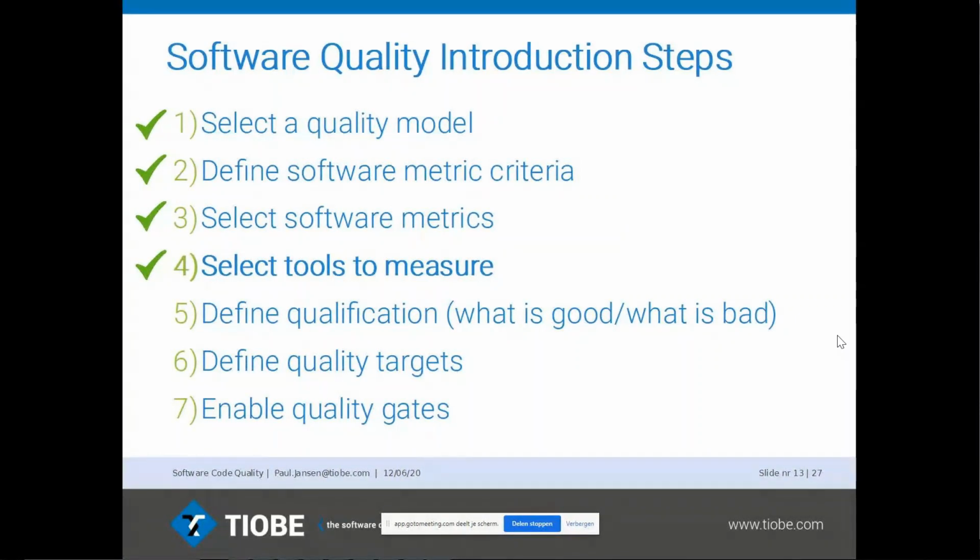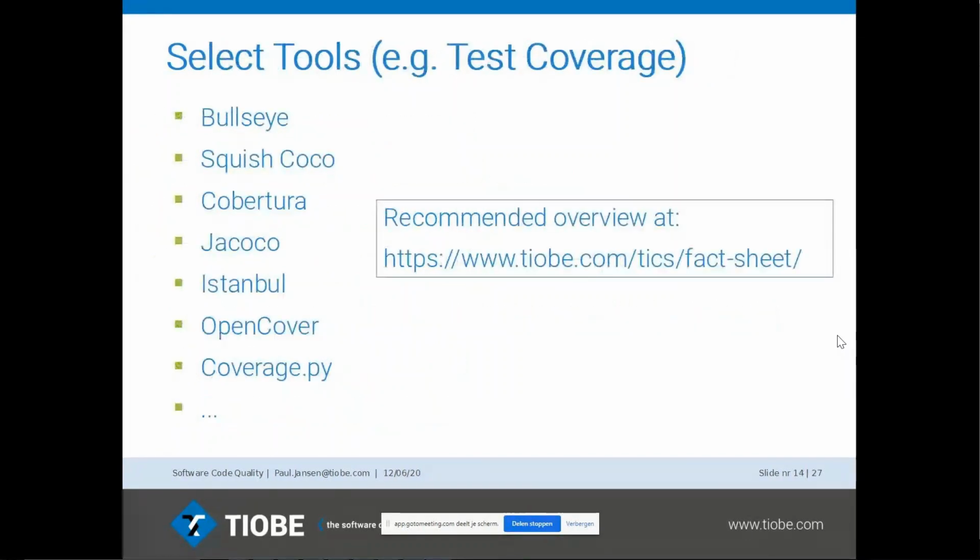So it's very important to automate this process and make sure that you measure all these metrics automatically if possible. And for this you have to select the tools. And this is quite an extensive thing, because there are so many tools on the market, and every tool is selling you a dream. They all say, well, we do the best job there is, etc.